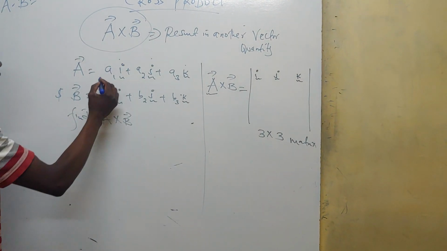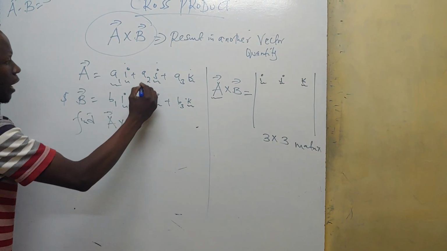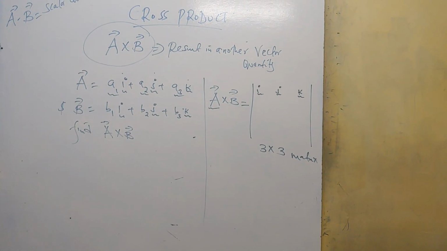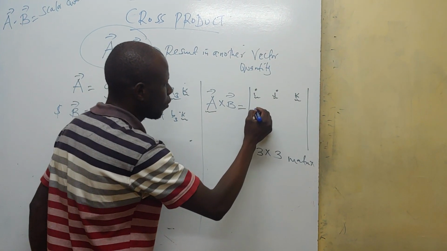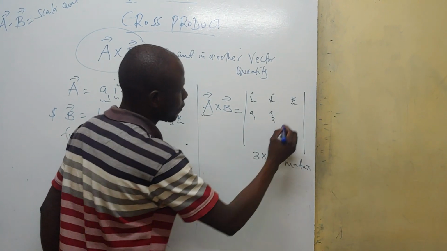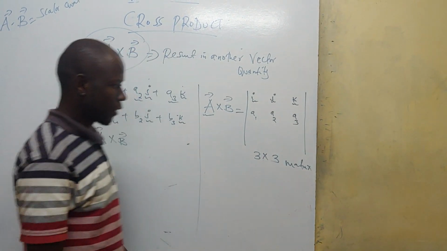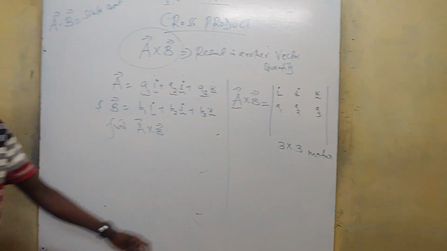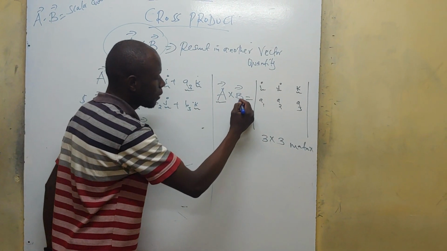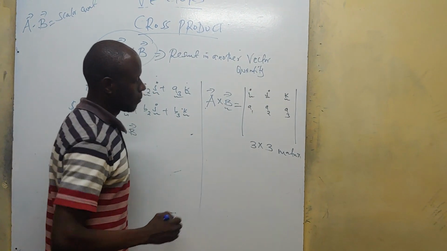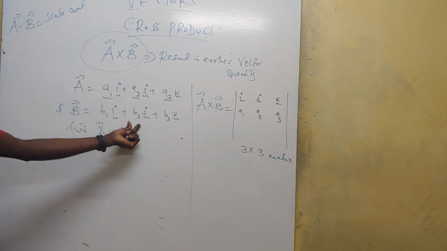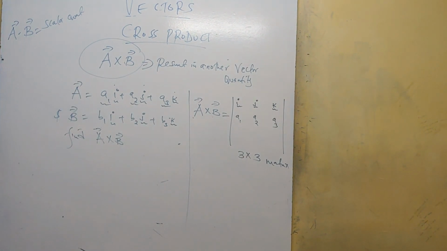The elements of A are A1 in the i direction, A2 in the j direction, and finally A3 in the k direction. So we can simply put them in this row, with A1 under i, A2 under j, and A3 under k. Then the last row in the 3 by 3 matrix is formed by the elements of vector B: B1 in the i direction, B2 in the j direction, and B3 in the k direction.